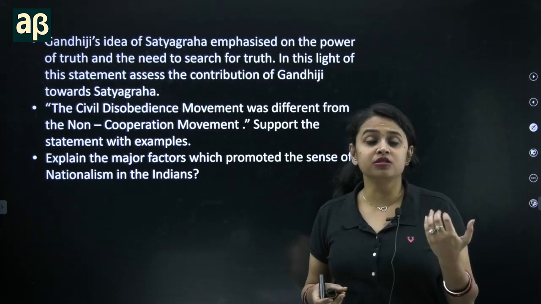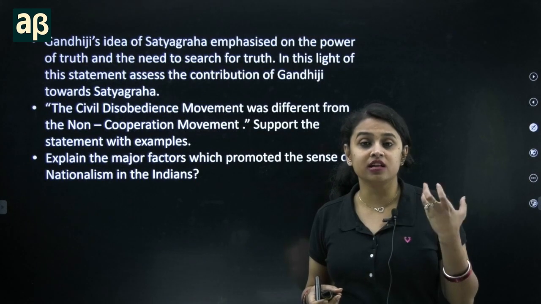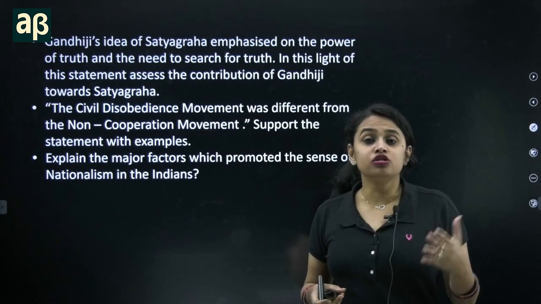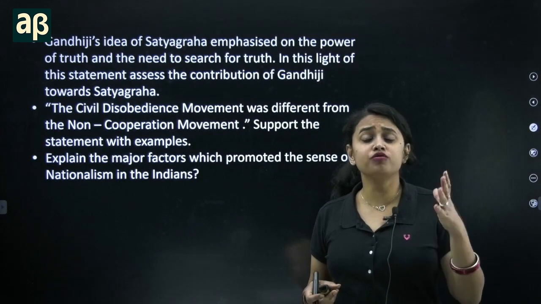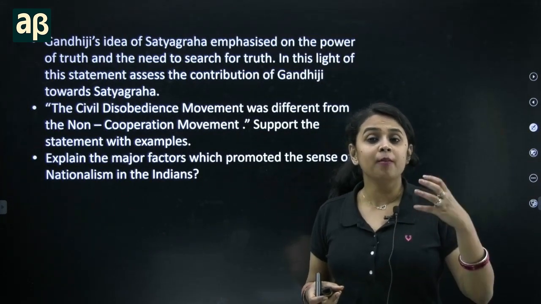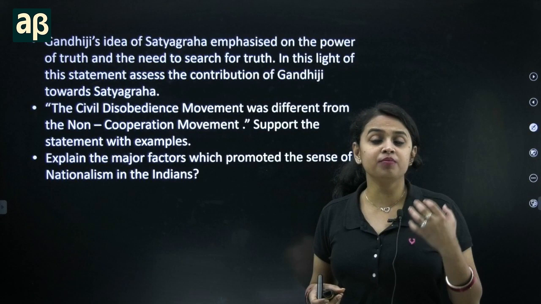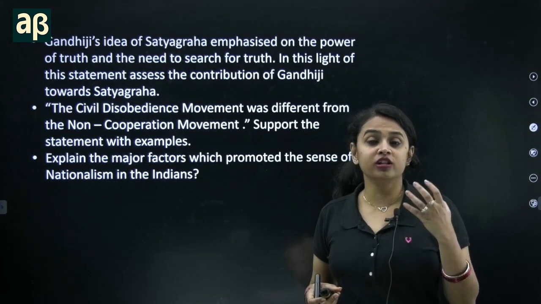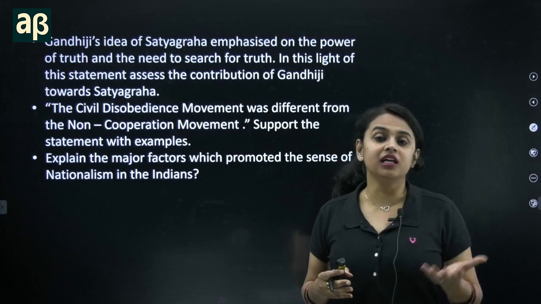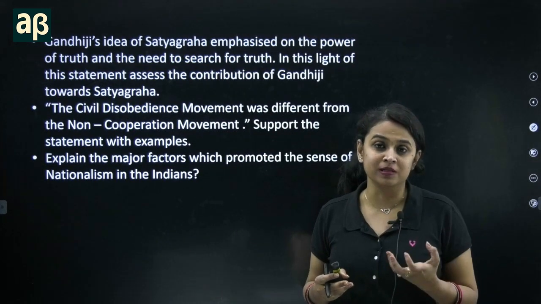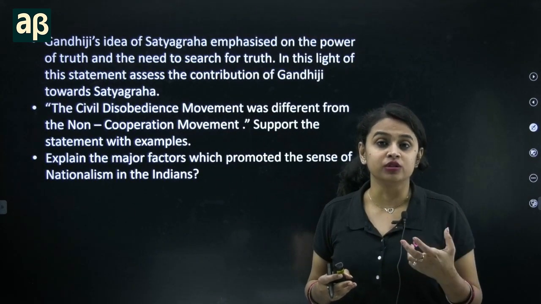And if there is a person who is doing something wrong or has done something wrong, then the duty of the other person is to make him realize, not to force him to accept the truth, but to make sure that there is a path that he should travel on, and the person himself is going to realize the truth, and ultimately it is the truth that wins. So, the power of truth.